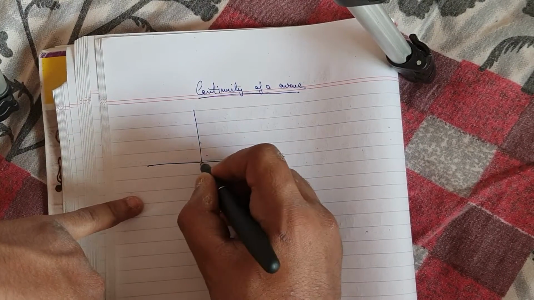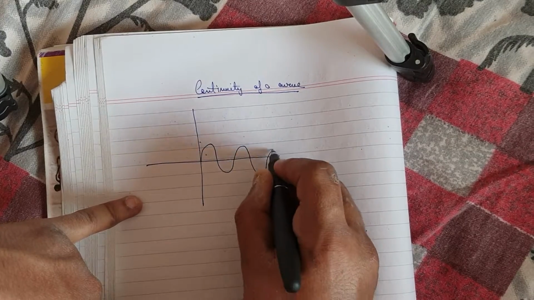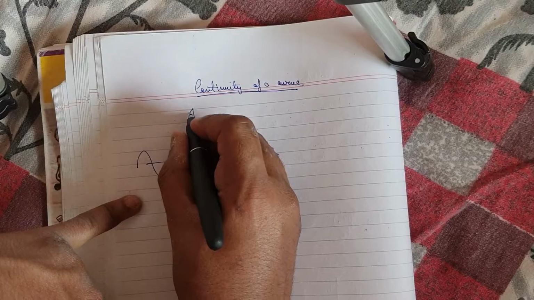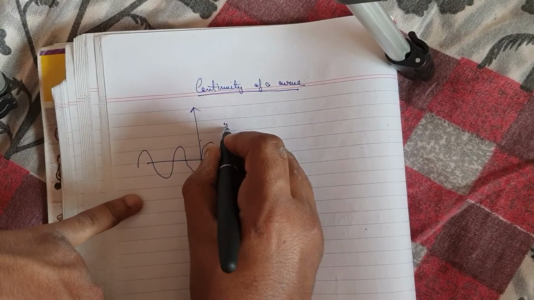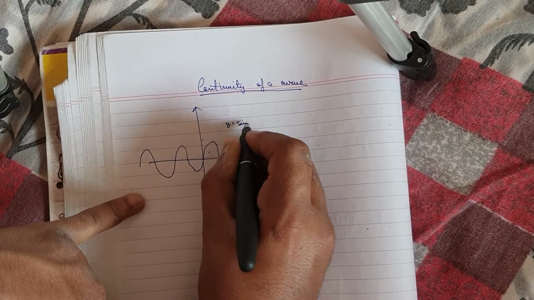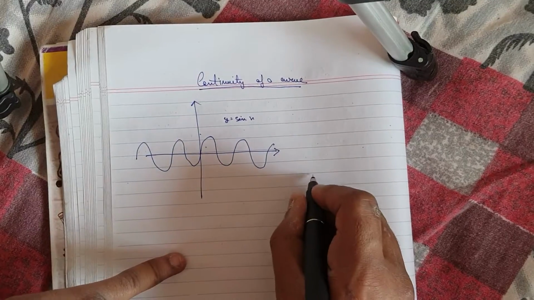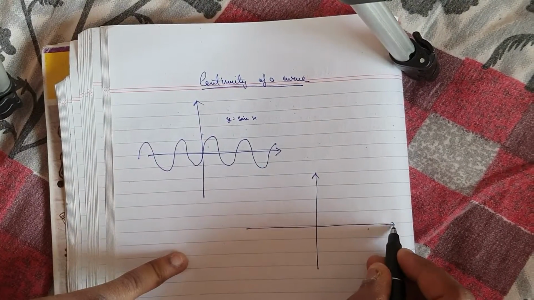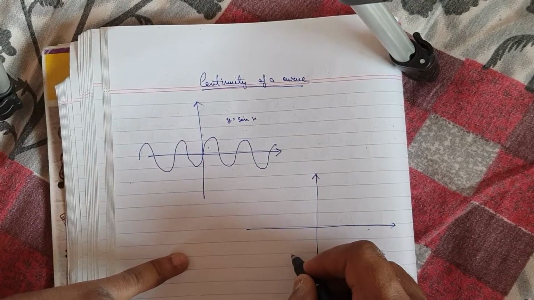One is your general sine curve. This is your y is equal to sine x, and this is some other curve, y is equal to fx. This curve is say like this.